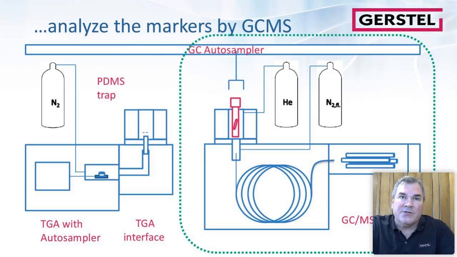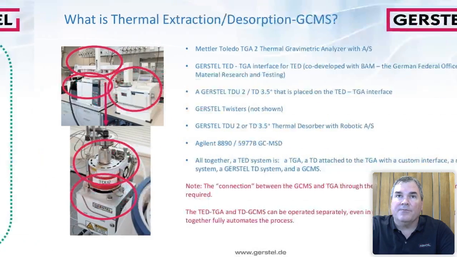And at 1,000 degrees in pure oxygen, you will scrub the entire TGA out, and you'll be clean and ready for the next sample. And that's an amazing convenience about this system that unfortunately I don't have. It isn't talked about as much as it should be, let me put it that way. But if you do pyrolysis, you can understand the power of this. So it's a two-step process: pyrolyze in one and analyze in the other.